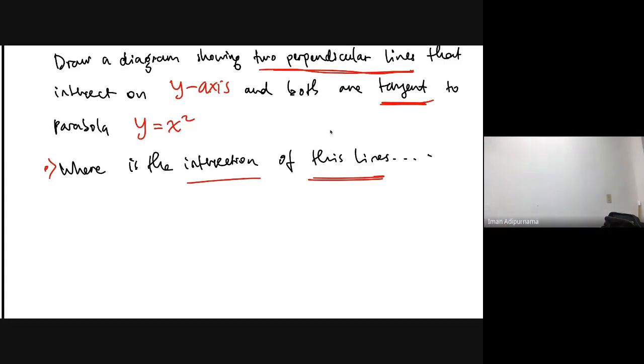Let's see. First, you have two perpendicular lines. Those two lines will intersect on the y-axis, and each line is also tangent to the parabola x squared. So the idea is to draw the parabola first, just a simple x squared, right? Imagine you have tangents, and the tangents cross each other at the y-axis.